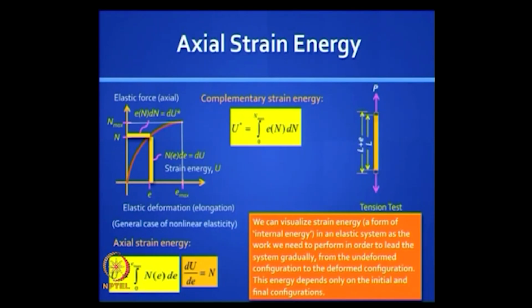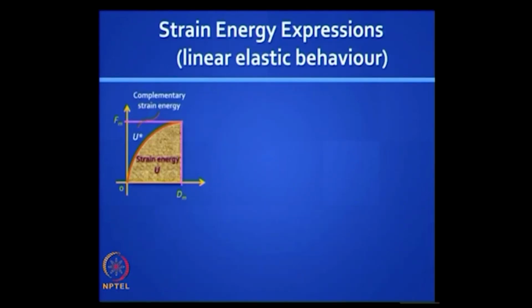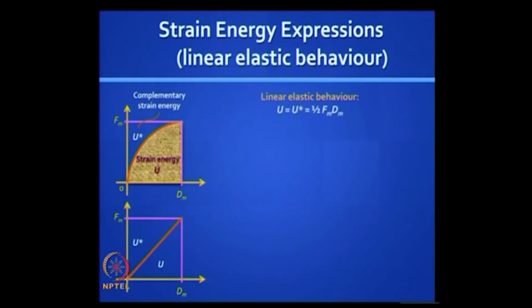The complementary strain energy is a complement to this energy. That means if you take the area of the rectangle and you subtract this energy, what you get is u star. Now let us talk about linear elastic behavior. In fact, that is what we will deal with most of the time, unless you have non-linearity.